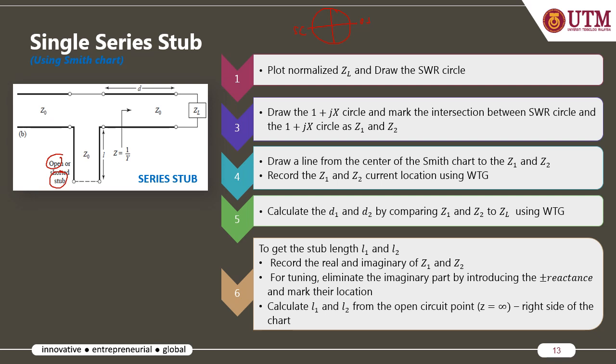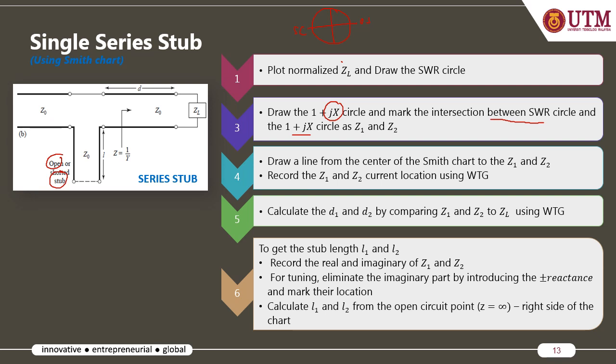Alright, so the first step, as usual, is to normalize the ZL and then draw the SWR circle. Next, you draw the 1 plus jX circle, so you have the reactance value, and then plot the intersection between the SWR circle and the 1 plus jX circle.